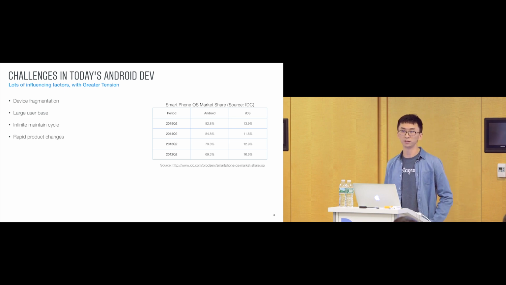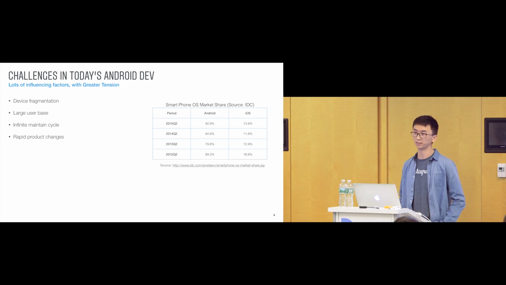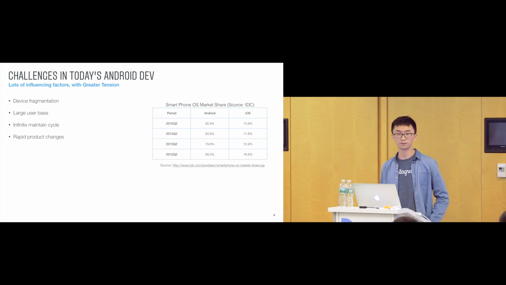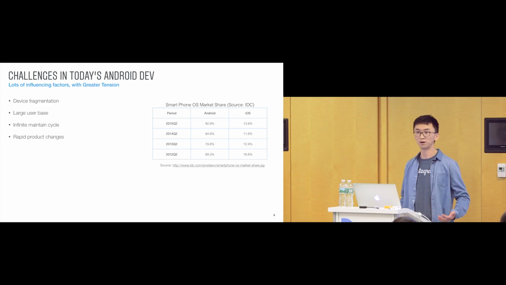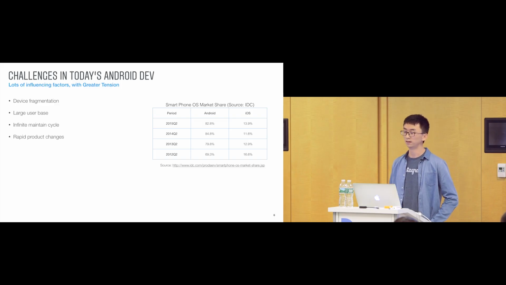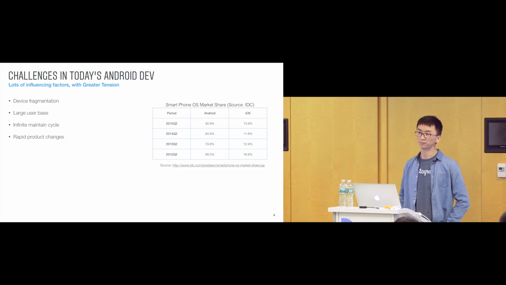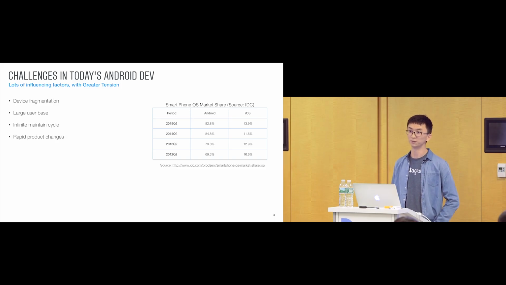The first challenge is device fragmentation. Because Android runs on different devices, it's an open ecosystem. Some devices might have 1 core, some might have 5 cores. They can run different OS versions, ranging from Froyo, Gingerbread, all the way to Lollipop and above. You also have devices with different DPIs, screen densities.